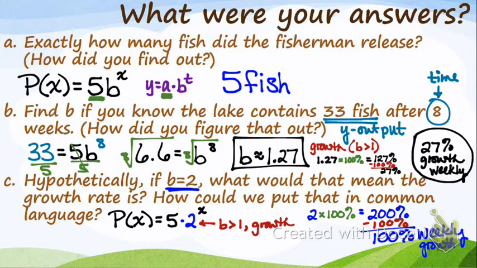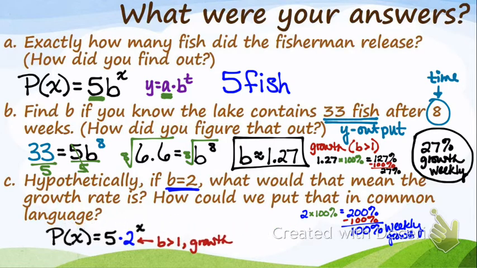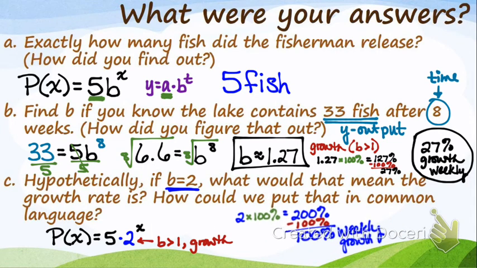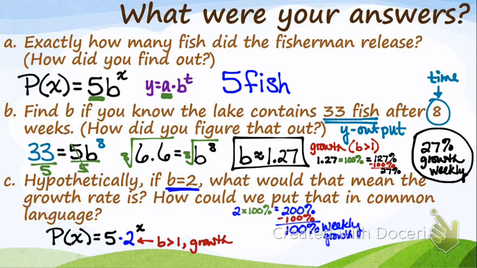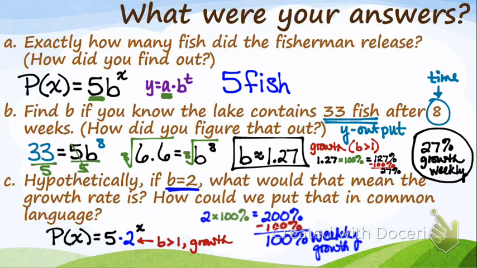100% weekly growth here. So let's talk about what that means. If my B value is 2, what are we multiplying by over and over and over? 2. If I multiply something by 2, how would we normally describe that? It doubles.